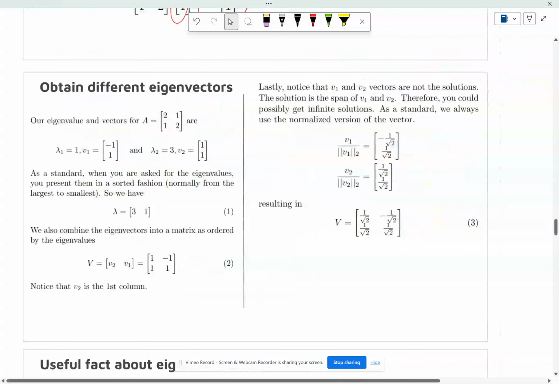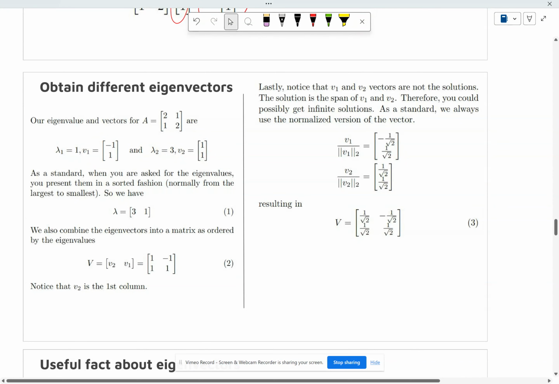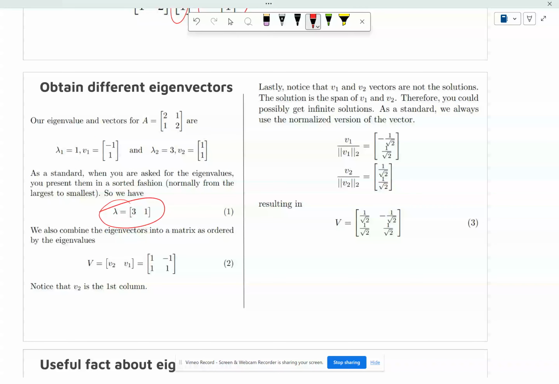Now that we have the eigenvalues and their associated eigenvectors, normally we like to sort them from the largest to the smallest because we care about the ones that have the largest contribution. And we can organize the eigenvectors as the columns of a matrix, which we call V. However, notice that v1 and v2 are not really solutions yet.